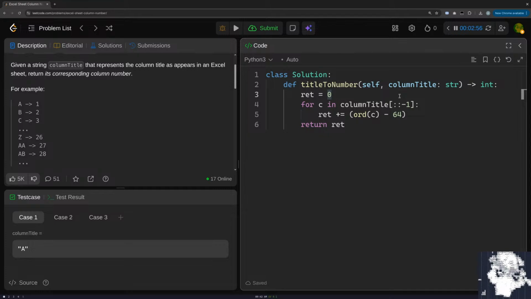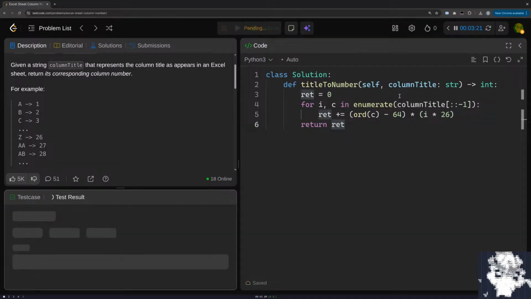So we just need to remember the index in enumerate. And then this is times I times 26, right?